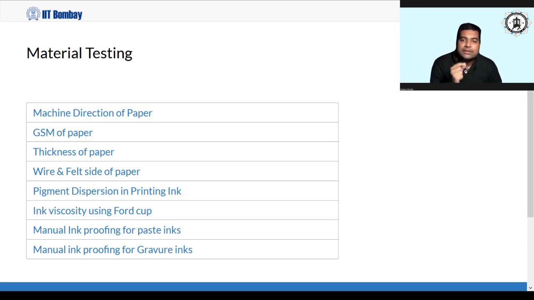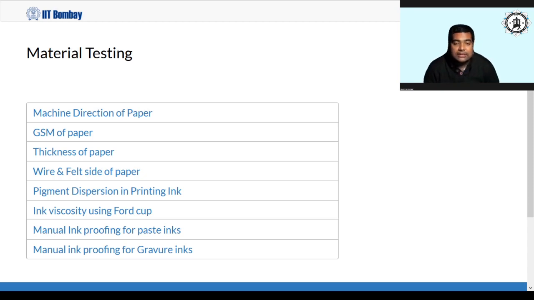Where the groove is deepest, pigment particles of very large size, size almost equivalent to the depth of the groove in that area, will get stuck when I pull the ink with the help of a blade. Then we will be able to identify the size of the pigments that are present in the ink.